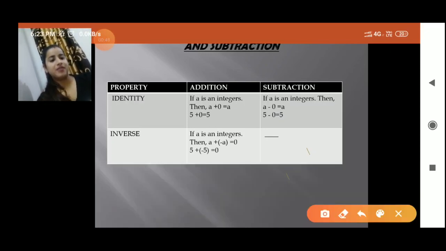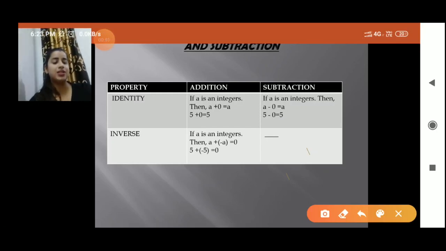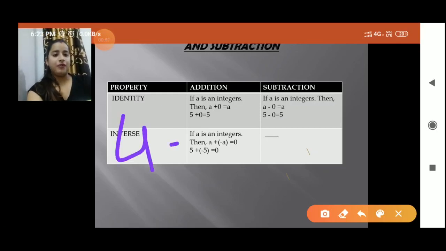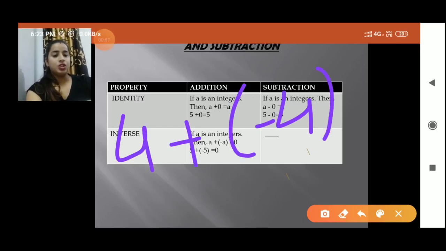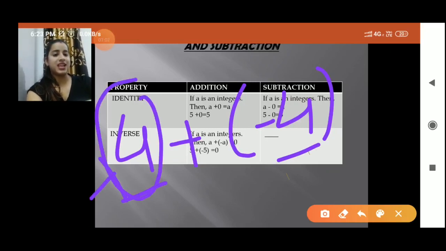Here it's given for 5. Let's try for someone else. Like if we have to add 4 with minus 4. So here it is 4, here it is minus 4. If it has no sign, it means it has plus. So plus minus minus, and 4 minus 4 is 0.